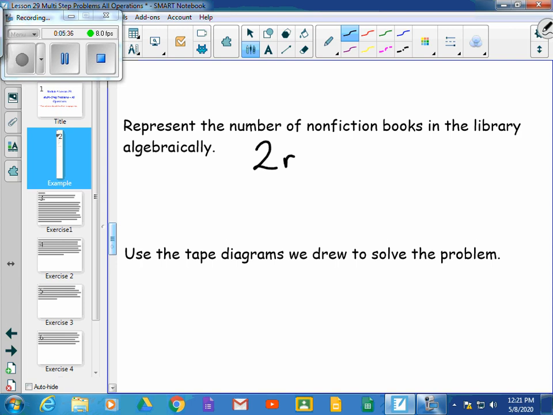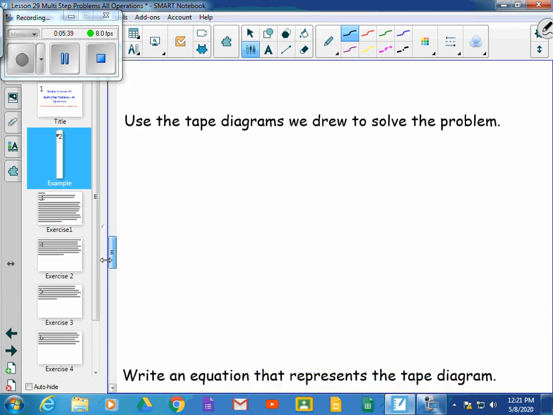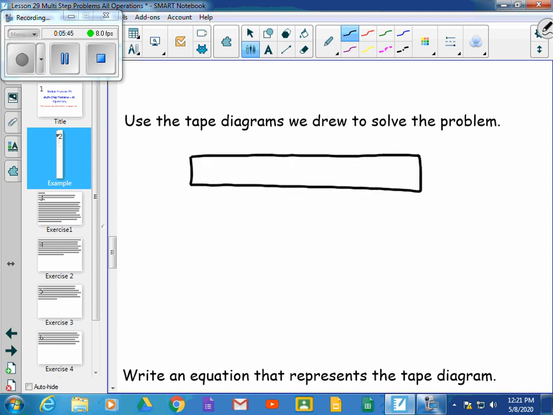Now we're going to use the tape diagram, all the things that we've created so far, to solve the problem. I told you we're going to come back to the total. So here's the total amount of books in the library, 1,400. I'm going to first draw one of those R's that represented the resource books, the amount of resource books in the library.